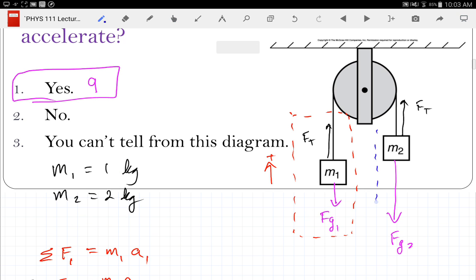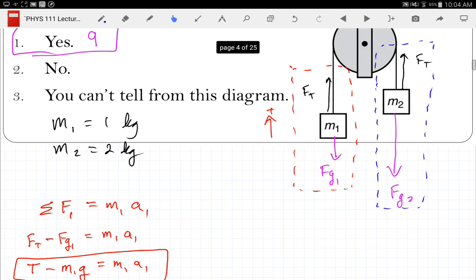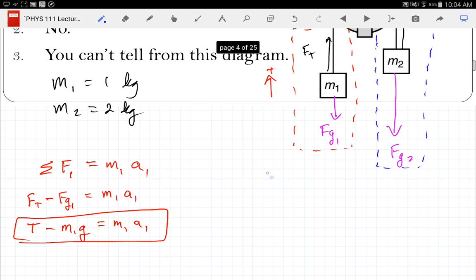So here's my second box. And I'm going to apply Newton's second law on that one as well. So what does Newton's second law tell me for the second box? I wrote Newton's second law. I just replaced ones with twos. What do I have for the sum of the forces?